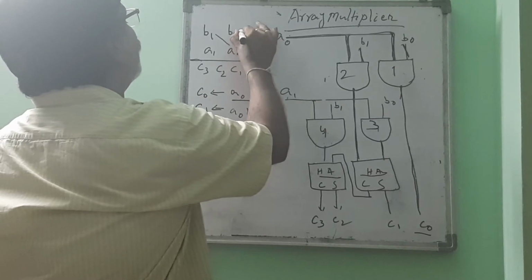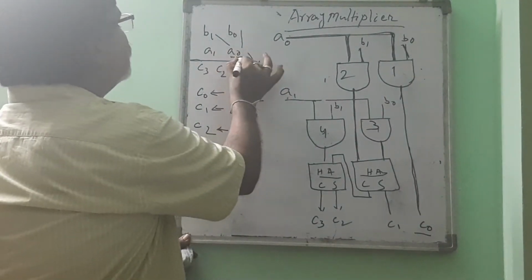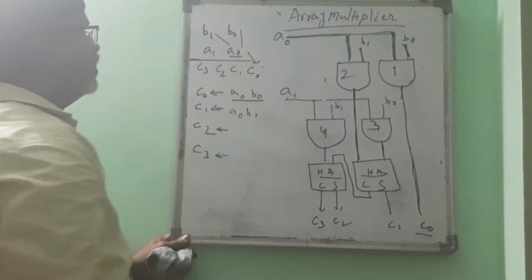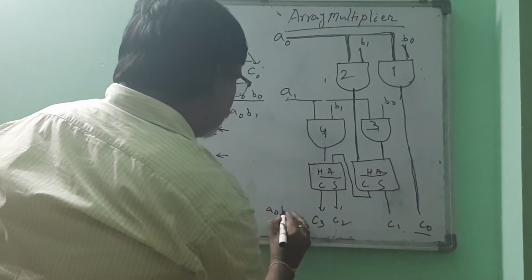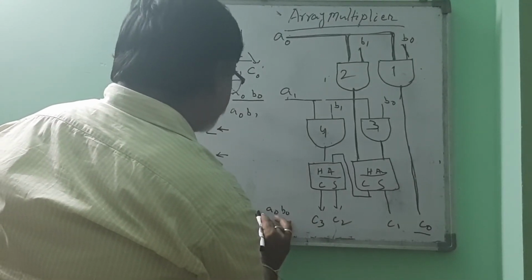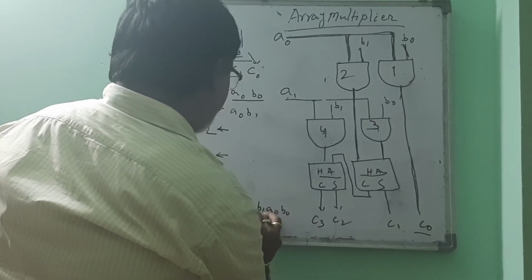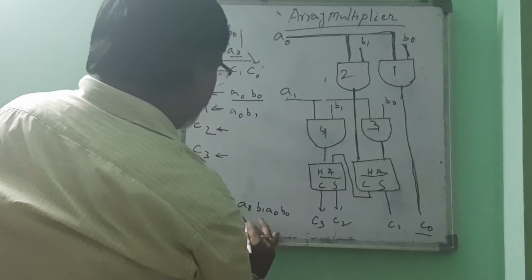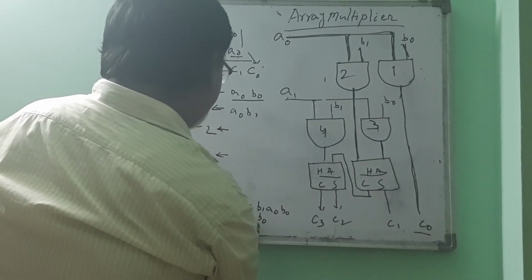Now A0, B0 we wrote as C0, and now A0 is multiplied with B1 and written. How is it generally written? A0, B0, after that A0, B1, and then A1, B0, and then A1 and B1.